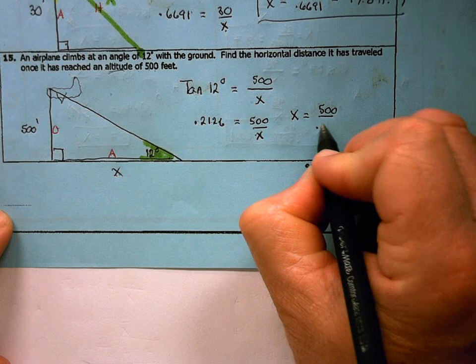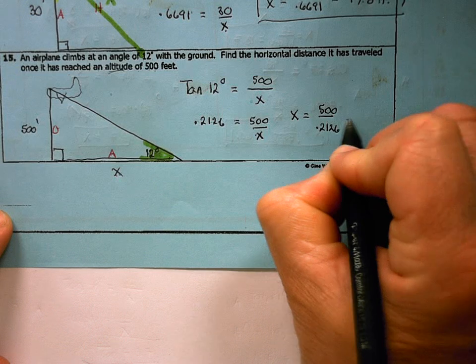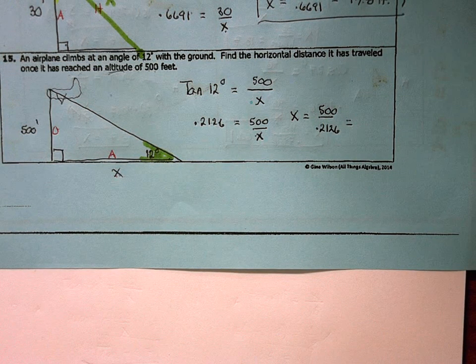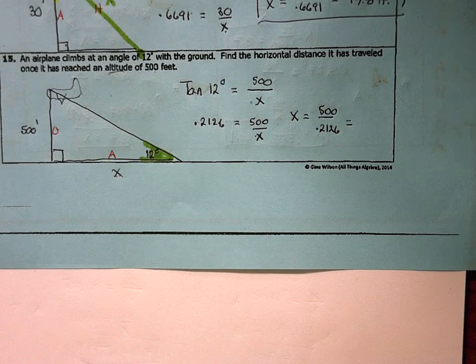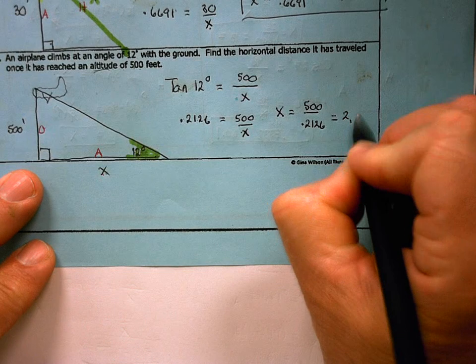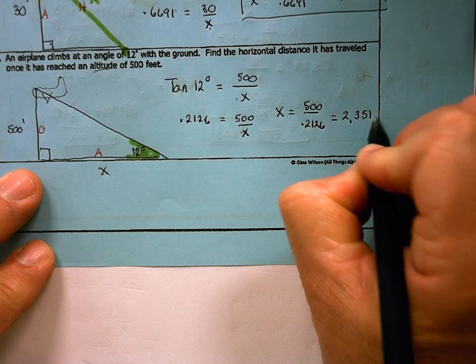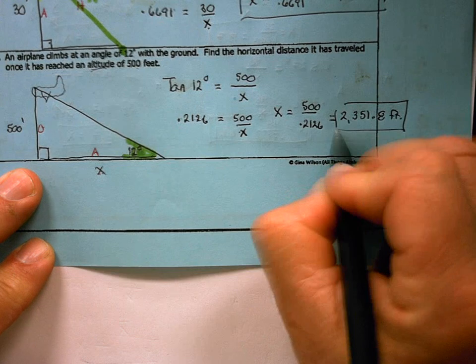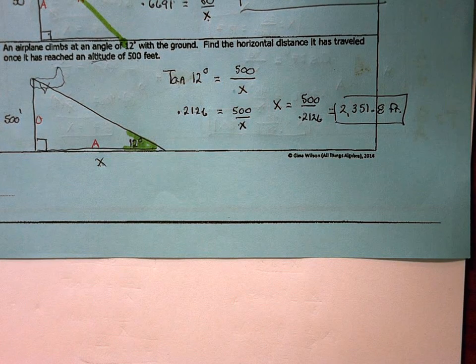Divide that out, 500 divided by 0.2126. That answer is 2,351.8. Okay, so 2,351.8 feet. That would be the horizontal distance of the plane. All right, there we go. There's your worksheet right here.